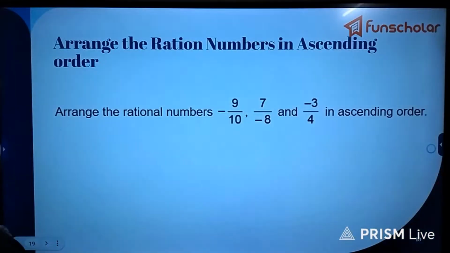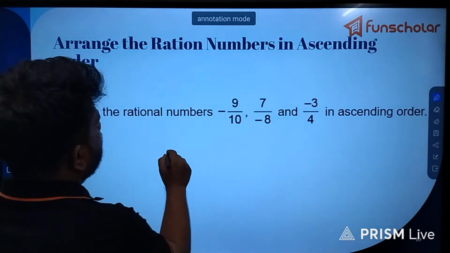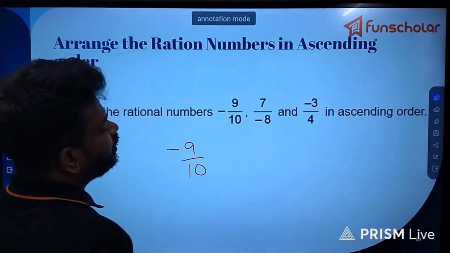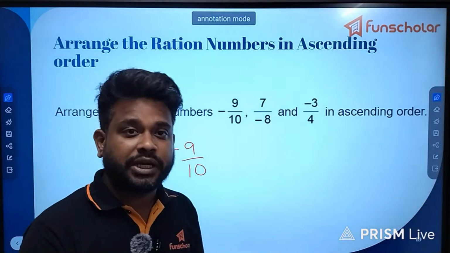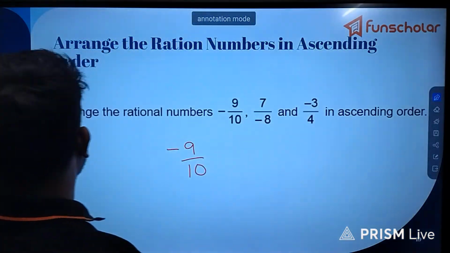So the next one is to arrange the rational numbers in ascending order. When we have more than two numbers, we don't apply the cross multiplication method, or the cross multiplication method won't be useful for these cases.